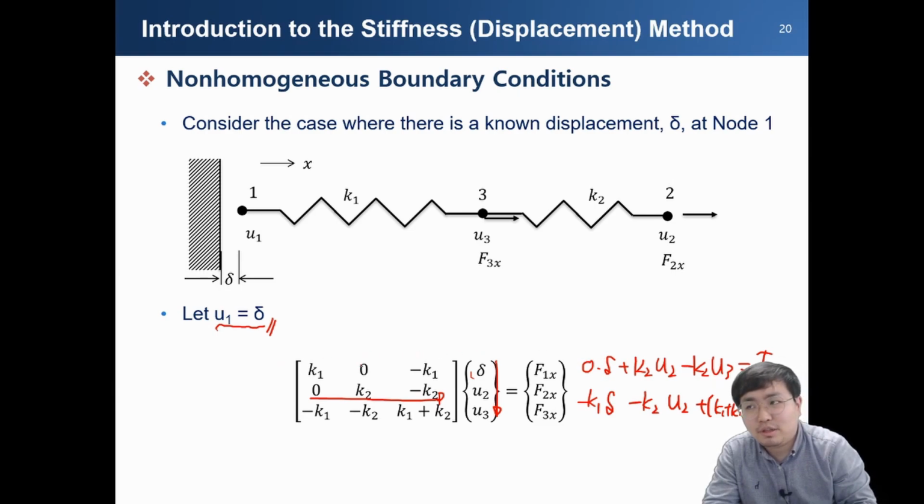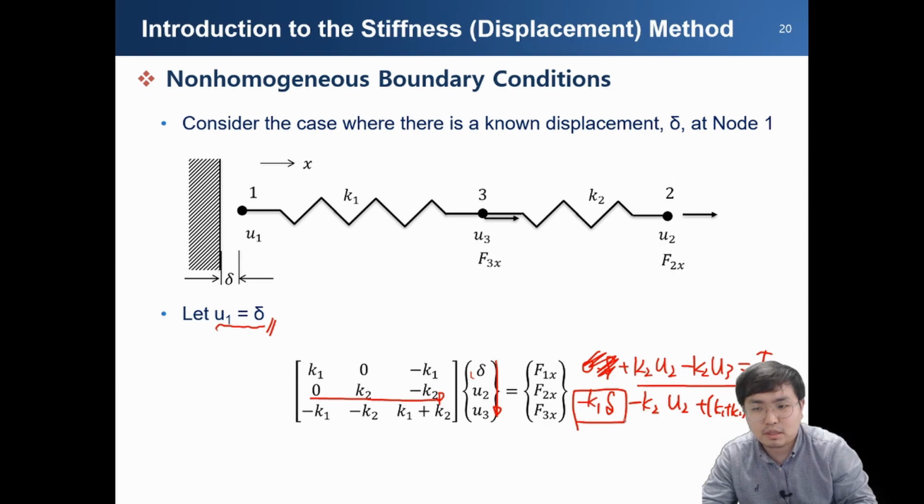In the homogeneous boundary condition we can simply delete the first row and second column vectors. However, here, although the first term is equal to 0, so we can neglect this delta in the second equation, this part we cannot neglect anymore.